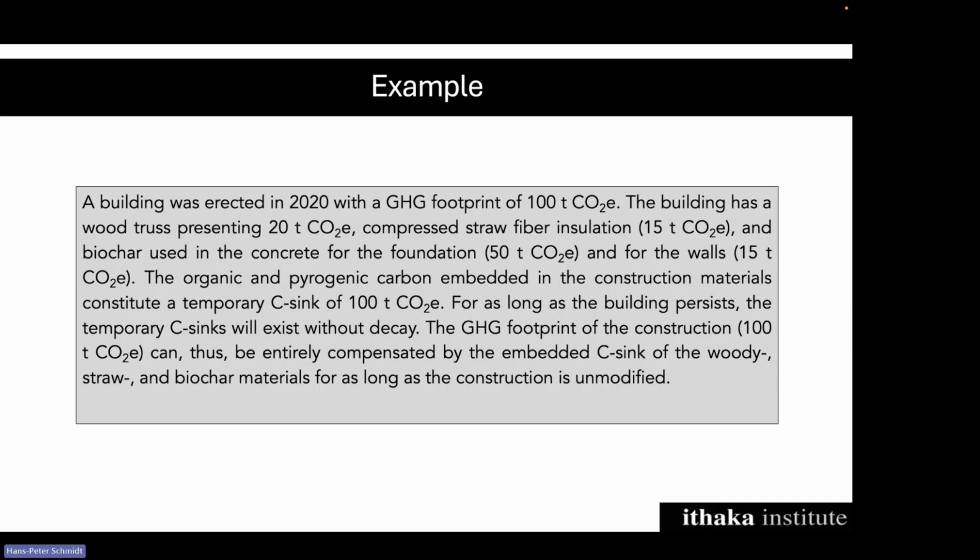That means the building is climate neutral for 60 years. When you demolish it and then you burn the wood, for example, and then only the 50 tons of biochar remains, you would cause, after 60 years, 50 tons of emissions, which would have to be compensated for.